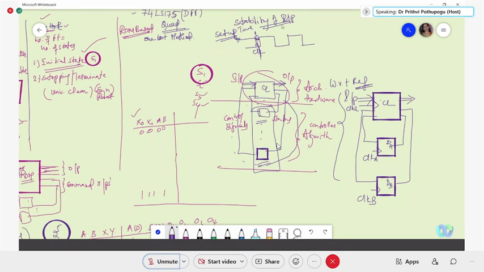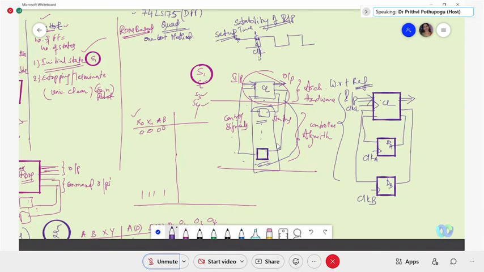The input has to be stabilized, and that duration before the clock goes from 0 to 1 is called setup time. In that setup duration, the input should be invariant, stable.